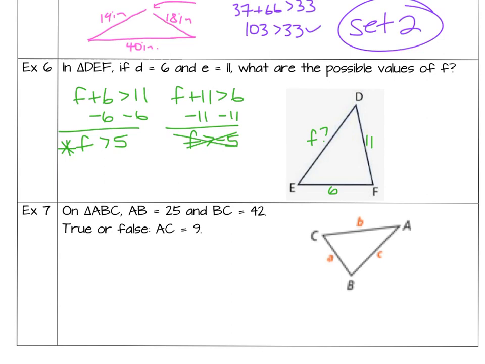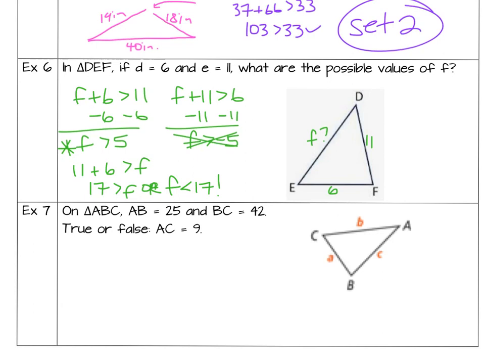But our last scenario, we do have to double check. Side lengths d and e, so 11 plus 6, have to be greater than the other side. This means 17 is greater than f, so f has to be less than 17.